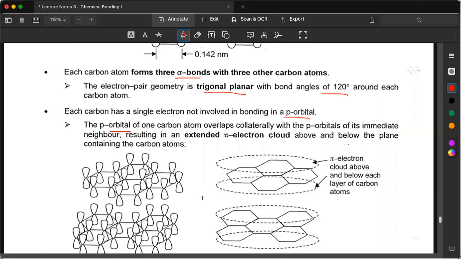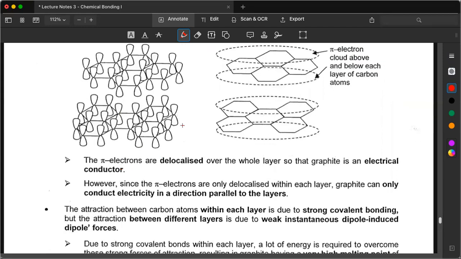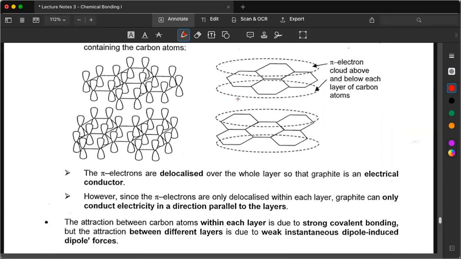This results in an extended pi electron cloud below and above the plane. So the electrons are delocalized over the whole layer.